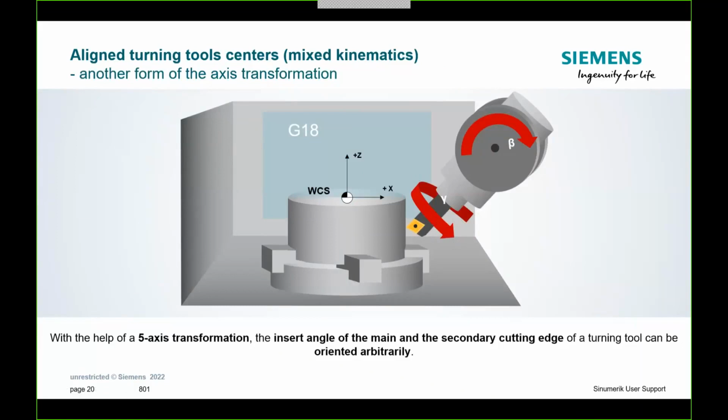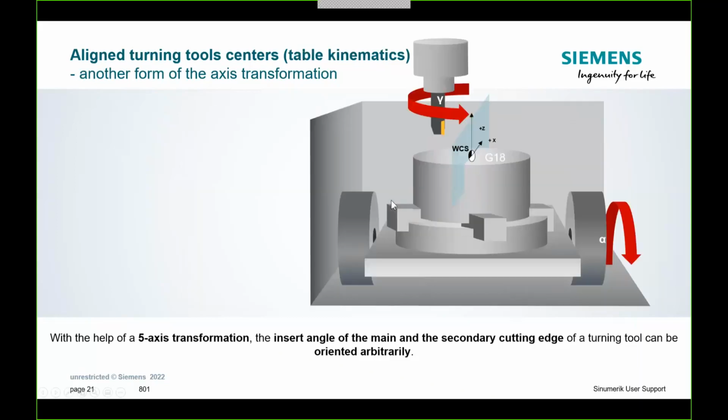So 180 and 0 plus or minus 5 degrees. And then once these rotations are done, the coordinate system takes over. Same thing with the head-table machine. My beta is going to be around the A, and then my gamma is going to be around the spin.